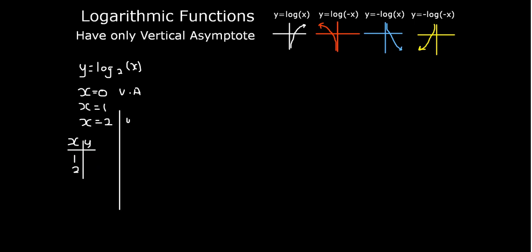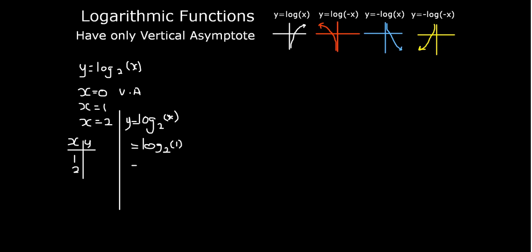Then we will say our equation is y equals log of x base 2. Then we substitute x. We put y where there is x. And then we'll get log of 1 base 2.